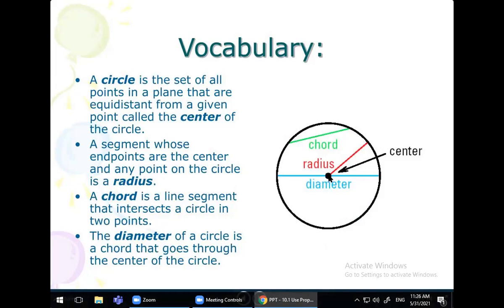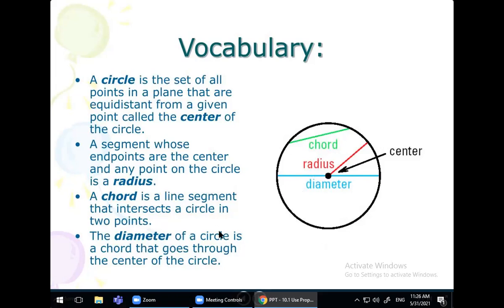So when we find a line segment connecting the center of the circle and another point on the circle, this is called a radius.